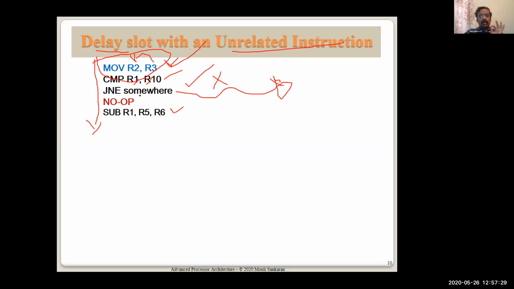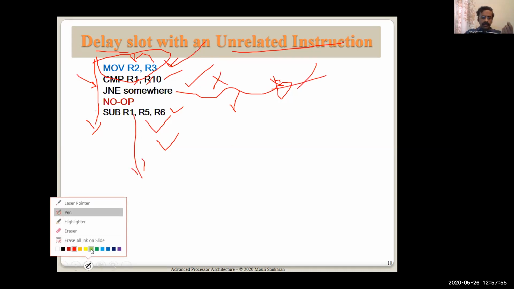So it has to go somewhere if it is required to go, otherwise it will execute here. But whether it is going here or here, I want this move R2, R3 to have been executed. I want that to be executed for sure, irrespective of whether the decision is this or this, whether you are going somewhere or continuing down.